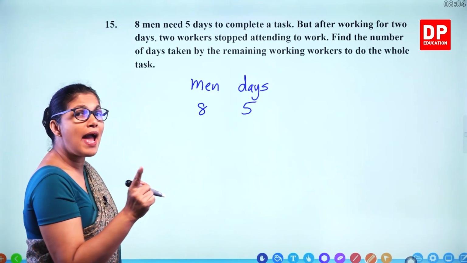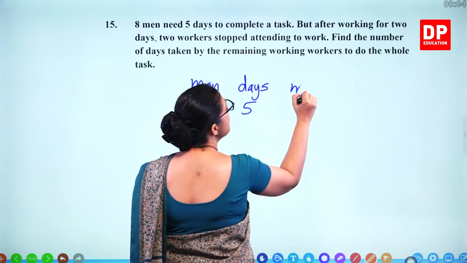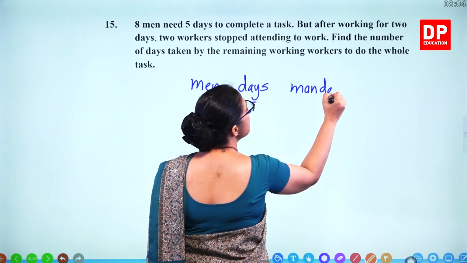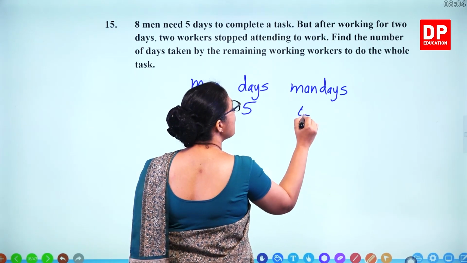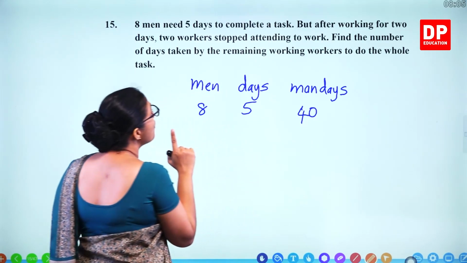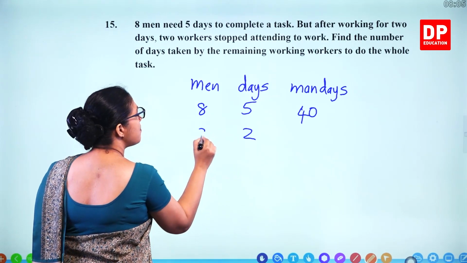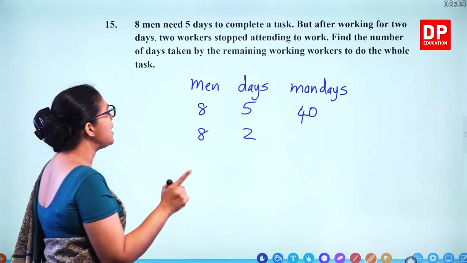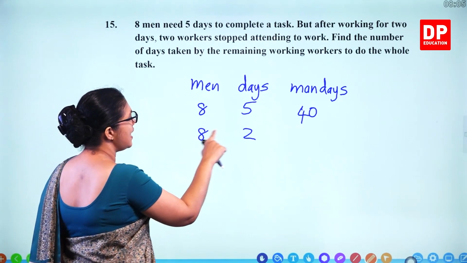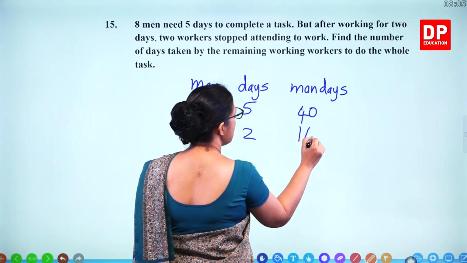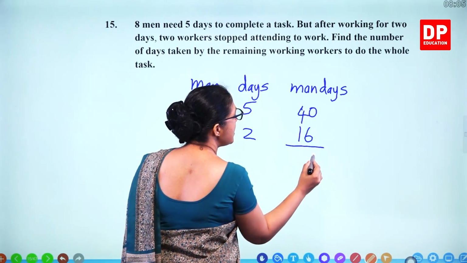So how many man days are needed to complete the task? Man days, 8 times 5, 40. So they worked for 2 days. 8 men worked for 2 days. So how many man days completed? 8 times 2, 16.